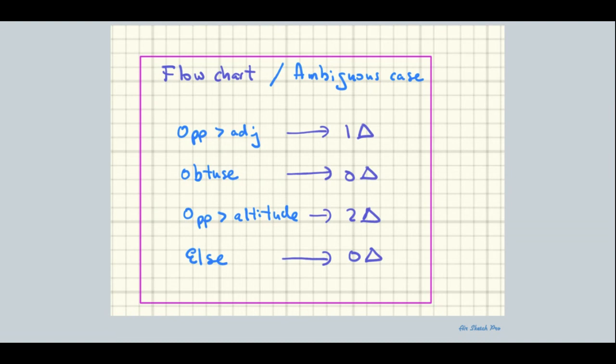Well, if it's obtuse and you failed the first test, so the opposite isn't greater than the adjacent, then there's no answers. Okay? Then you check to see if the opposite is greater than the altitude. And if that's the case, you get two triangles. Otherwise, you get no triangles at all. So basically, opposite greater than adjacent gives you one triangle. Opposite greater than altitude gives you two. Okay? That's how we're going to do it.